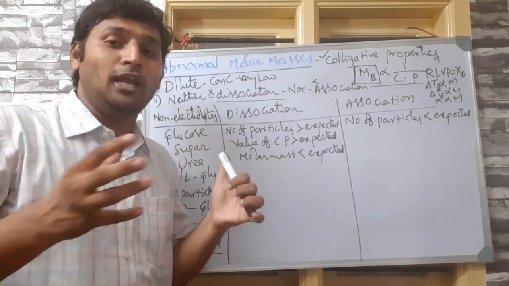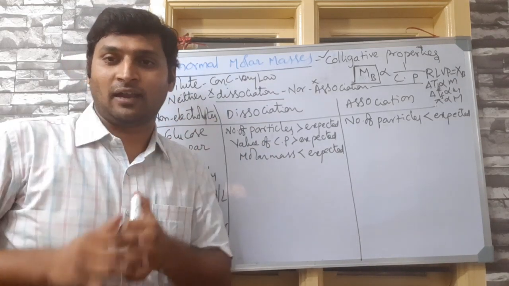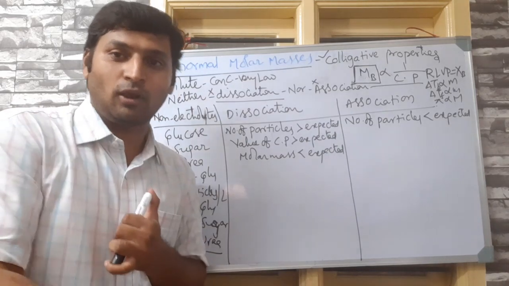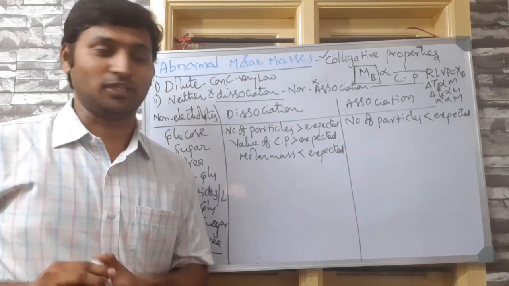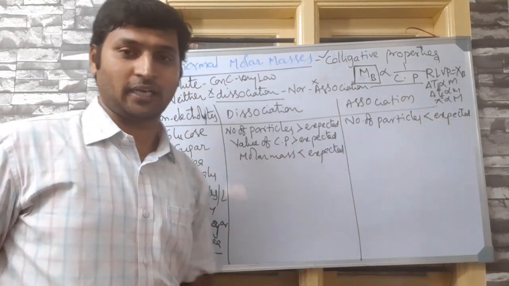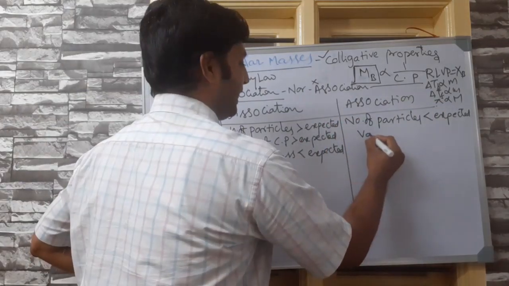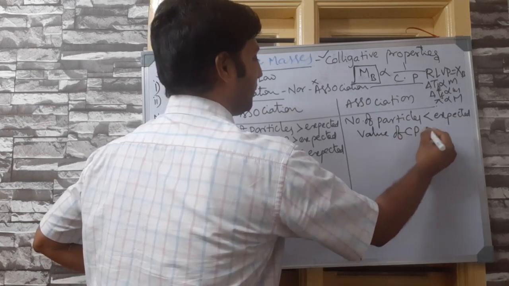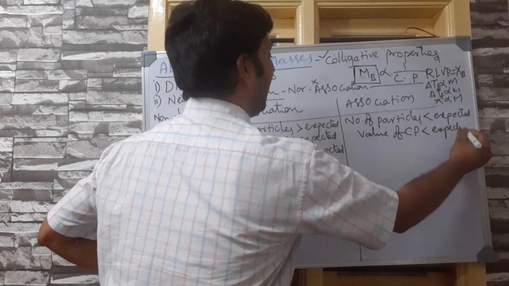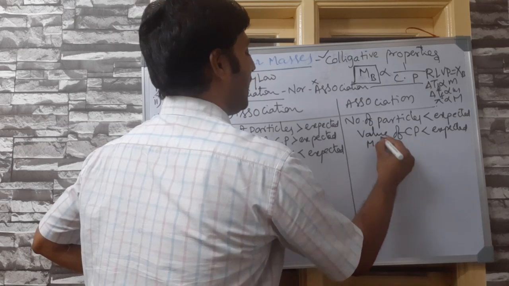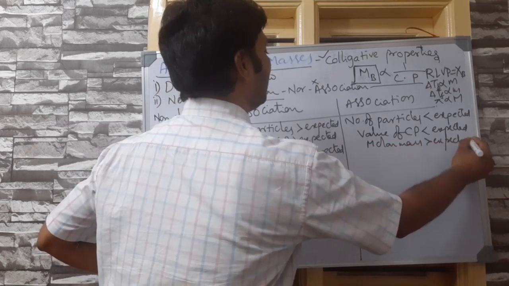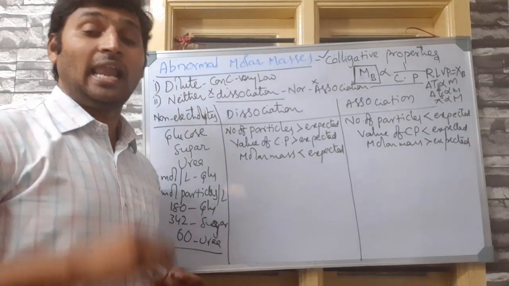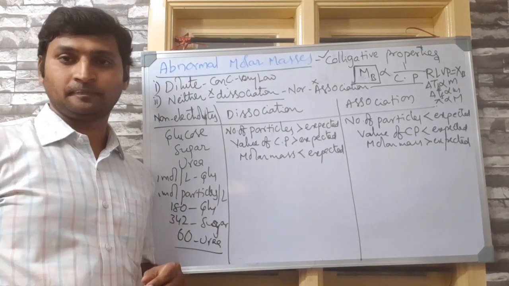No. Say, for example, 2 particles are associating to become 1. Then if I dissolve 1 mole of solute, I will get only half a mole of particles in the solution. When the number of particles is less than expected, the value of the colligative property will be less than expected, and as a result, the molar mass comes more than expected. That means you will get a false positive molar mass, larger than expected.